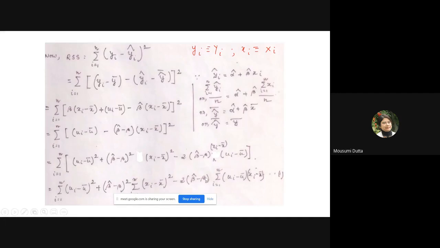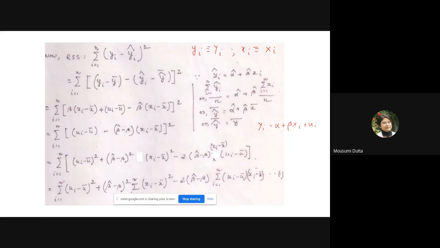I'm talking about the original part. Okay. So yi is equal to alpha plus beta xi plus ui.